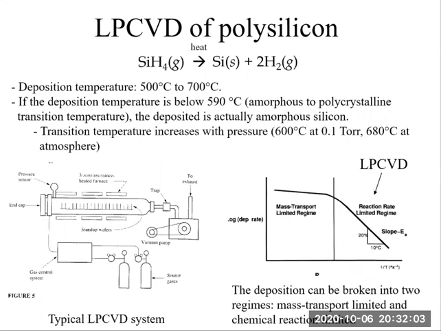Polysilicon thin film is typically deposited using LPCVD, low pressure chemical vapor deposition. This is the chemical reaction where we use a silane gas to decompose into silicon and hydrogen.